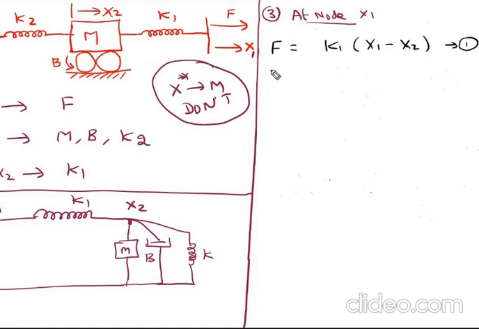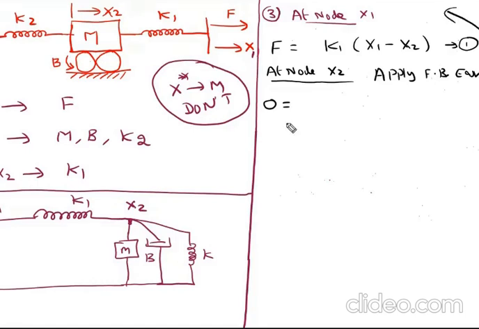And now what about the second equation? That is at node x2. What is the applied force? At this particular node there are no forces, so the left hand side is 0. Coming to the force balance equation, here also the same. 0 is equal to, what is the relationship between force and displacement x2?